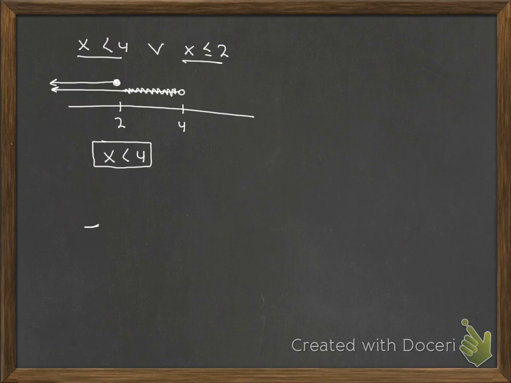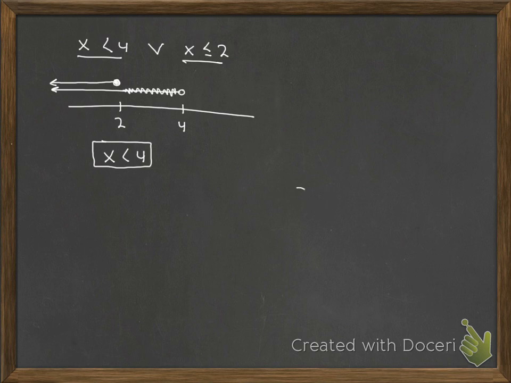So in essence, if you want to think about it, when you've got both of the solutions pointing the same way, as we do here, in a disjunction, the answer is which part is covering more of the number line. And we see that that is X is less than 4. So that is another representation of a disjunction when it's graphed.